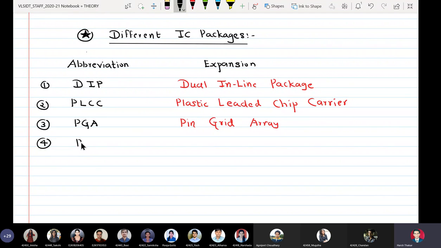Then we have PQFP, which is used in our Spartan 3 FPGA IC available in lab. So that actually stands for plastic quad flat pack. Then we have BGA, which stands for ball grid array.